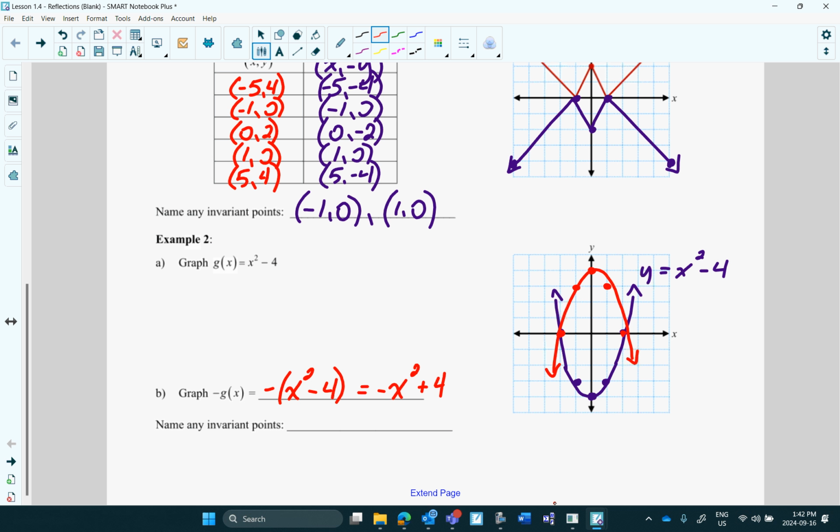It makes sense that it's -x squared plus 4, because the vertex went 4 up and then it flipped, right? So this is y equals -x squared plus 4. So whenever you apply a vertical flip to an equation, you put a negative on the whole function.